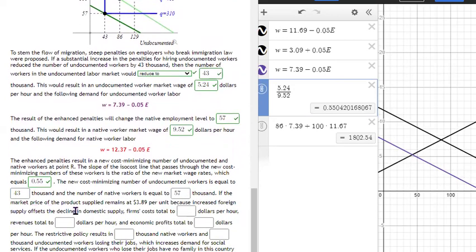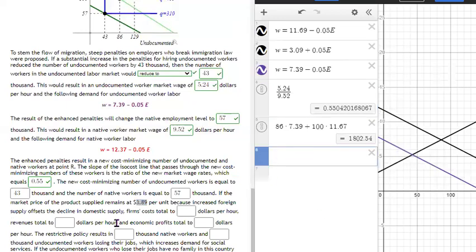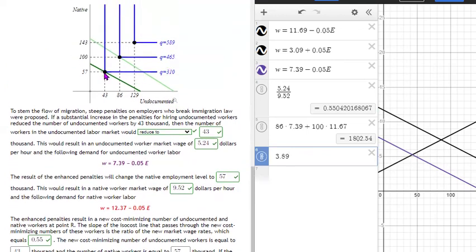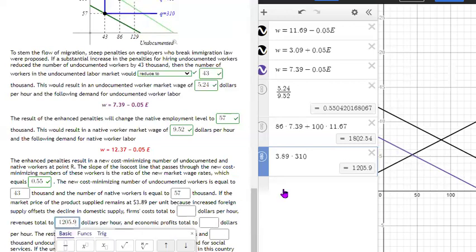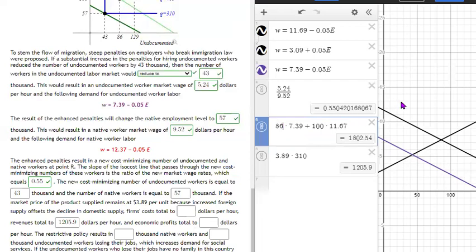The market price of the product supplied, we're holding it constant at 3.89. American firms are competing with foreign firms, and this is the world price. The new revenue is the new quantity, 310, times the price being held constant. So the new revenue is $1,205.90. We're going to put that down here. We have to calculate the new cost.